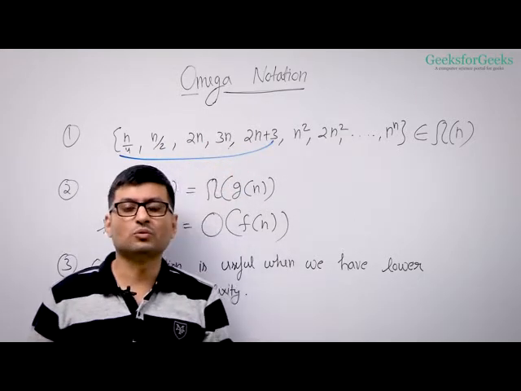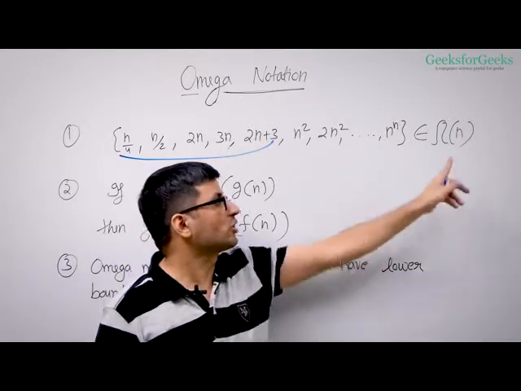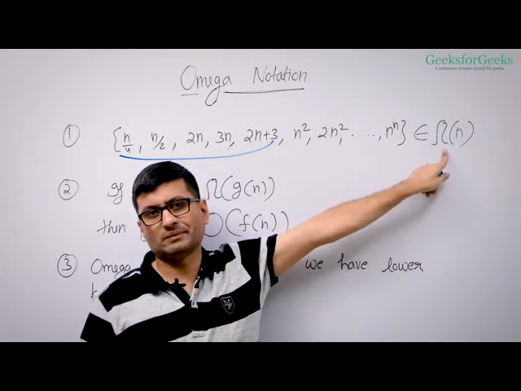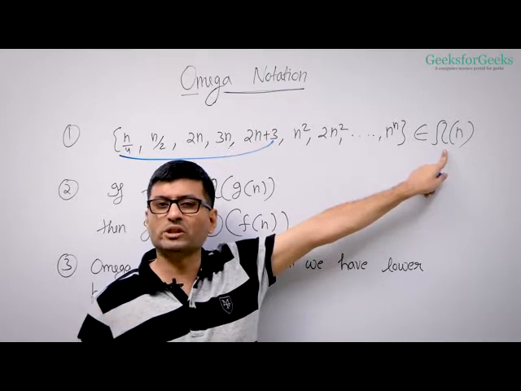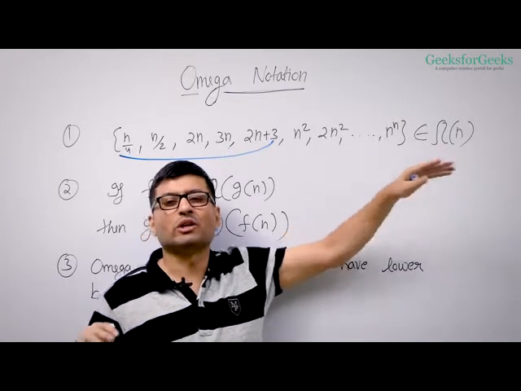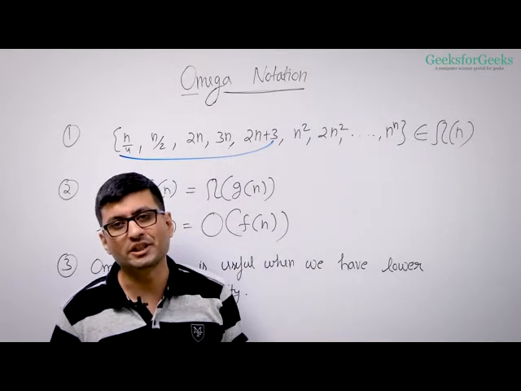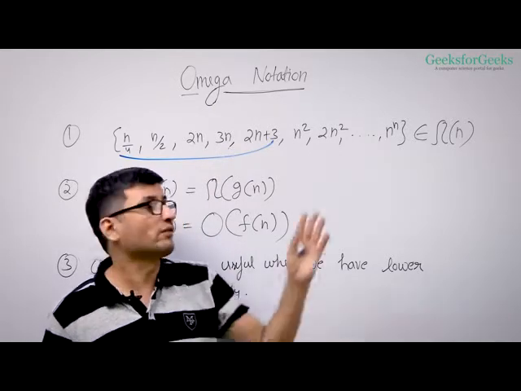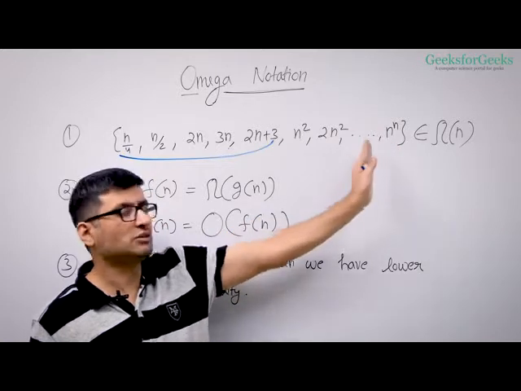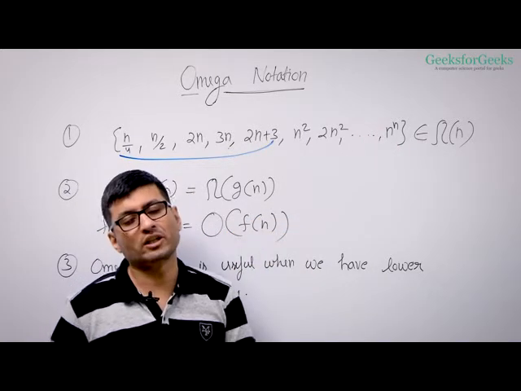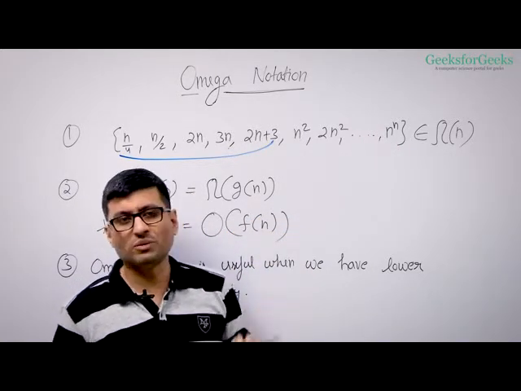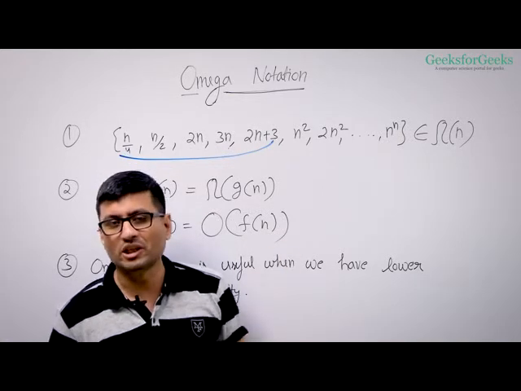Any order of growth which is greater than linear is also covered by omega n, because it bounds from the lower side, right? You can always find a c and n naught such that c of g(n) is smaller than f(n), when f(n) is any of these forms, for all n greater than n naught. c will simply be 1, and you can clearly find n naught.